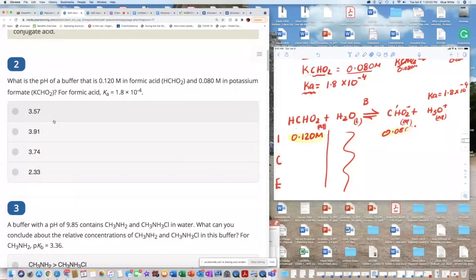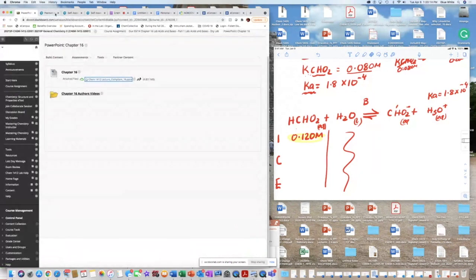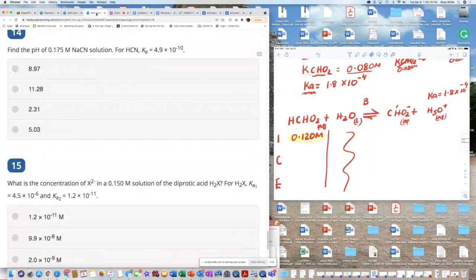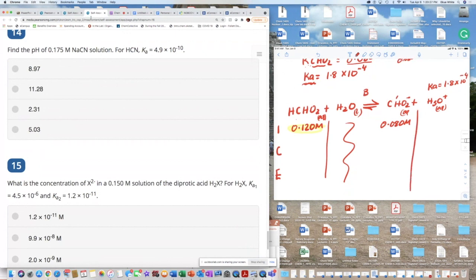So if this was not here and the number was not given in the question, this would be a regular weak acid problem. But since I was given this number, which I had to put here, this automatically makes it a buffer problem. I wasn't given anything for the hydronium ion.